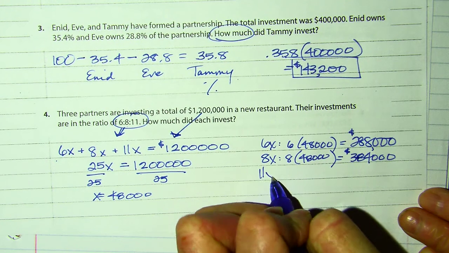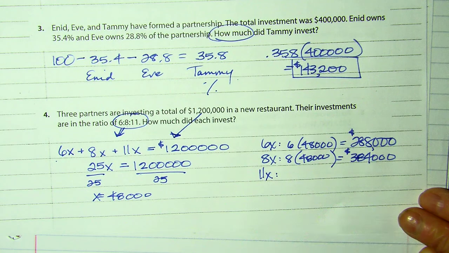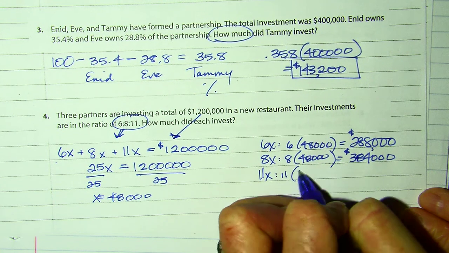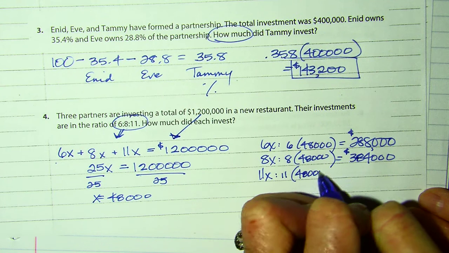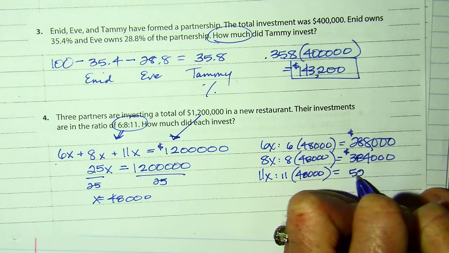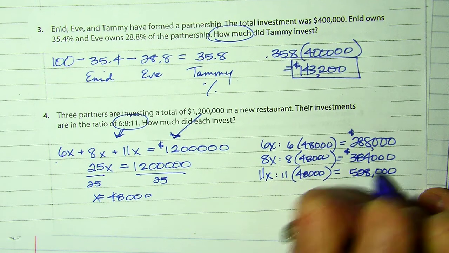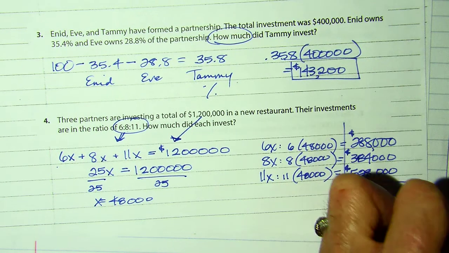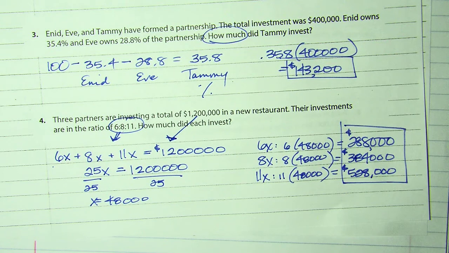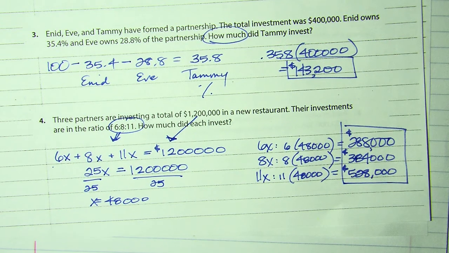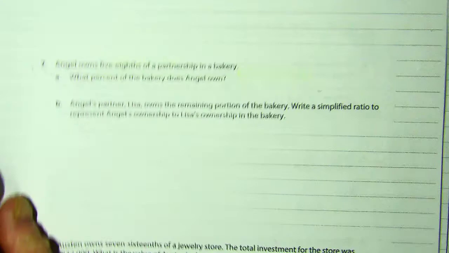And the person who invested 11x would be 11 times 48,000. They invested $528,000. And so those are the three amounts that these partners invested. So moving on.